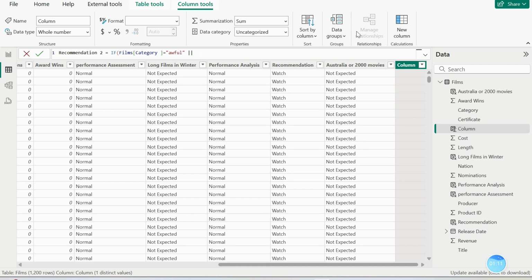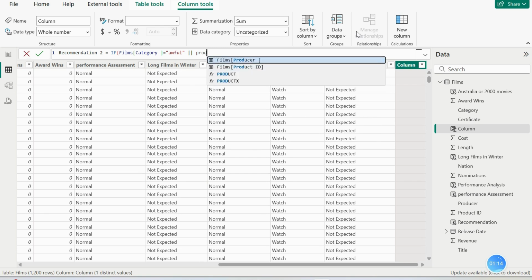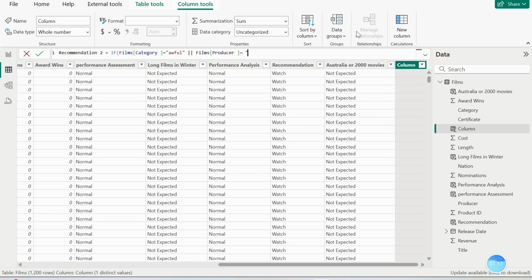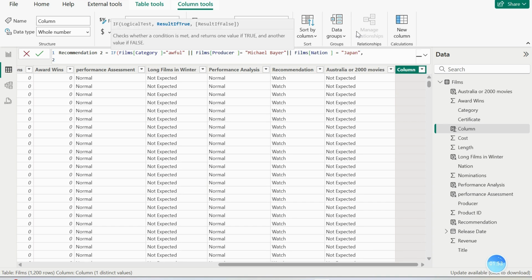If the producer equals Michael Bay, and shift plus vertical bar, if the movie's nation equals Japan, if one of the 3 indicators can be met, then we avoid to watch the movie.